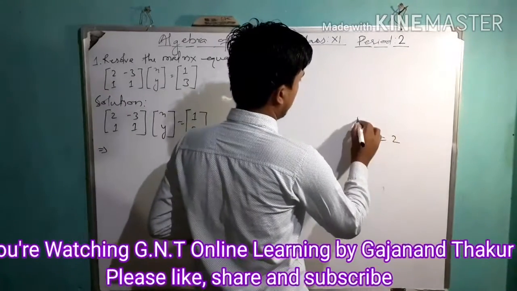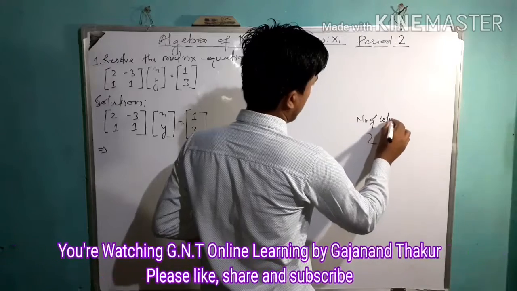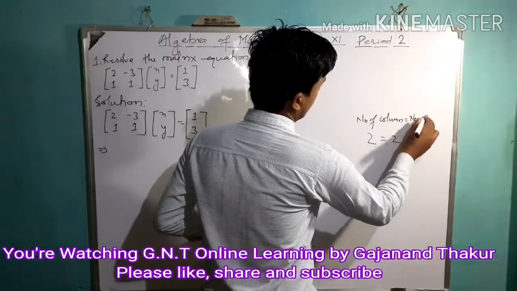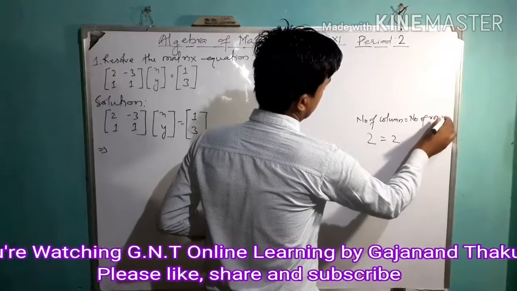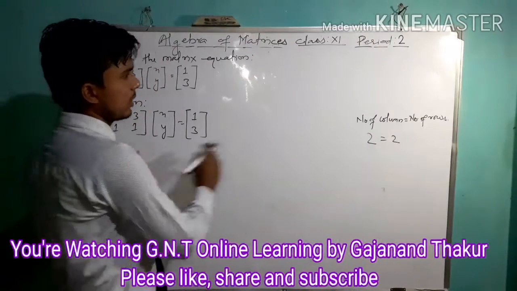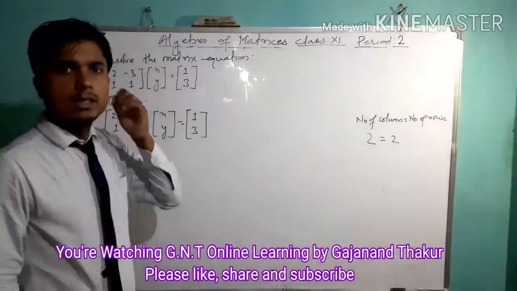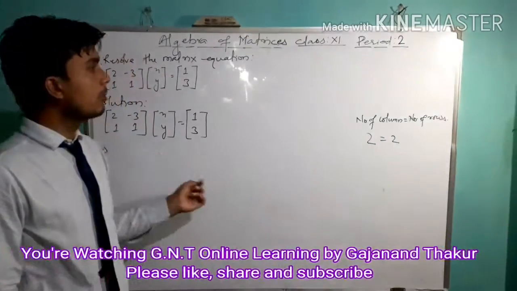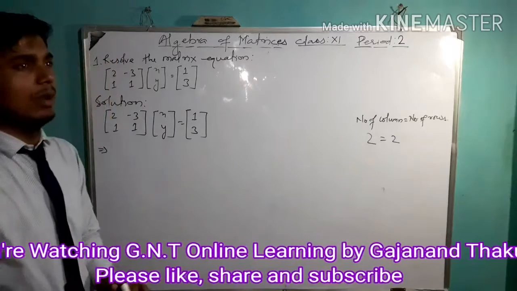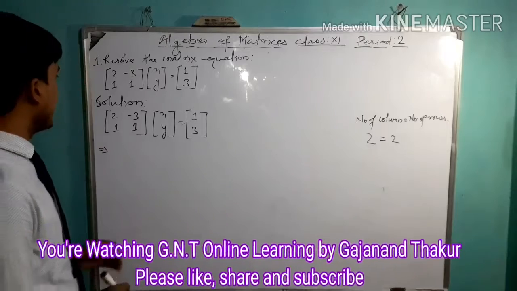The number of columns in the first determinant must equal the number of rows in the second determinant. If it is equal, then we can do multiplication. If they are unequal, then we cannot multiply. Here we have equal, so let's multiply.